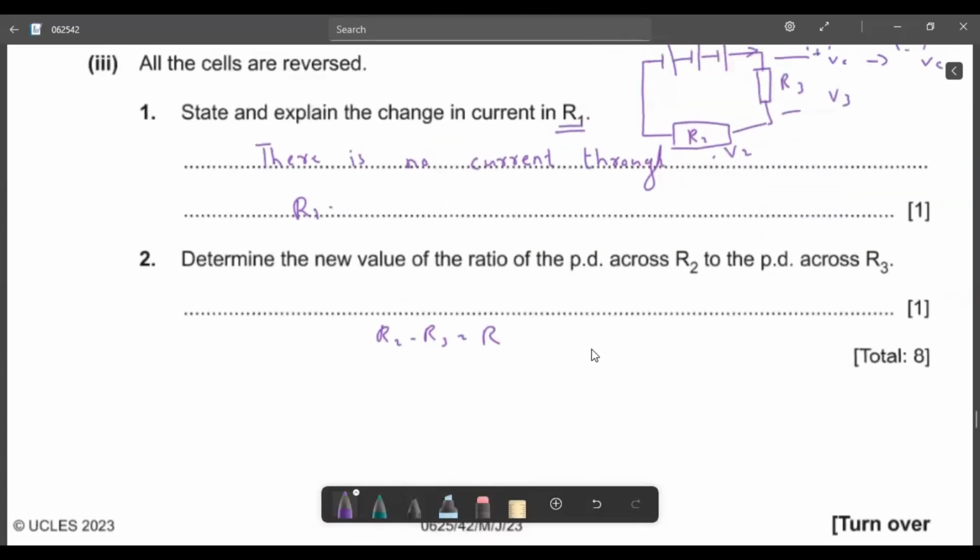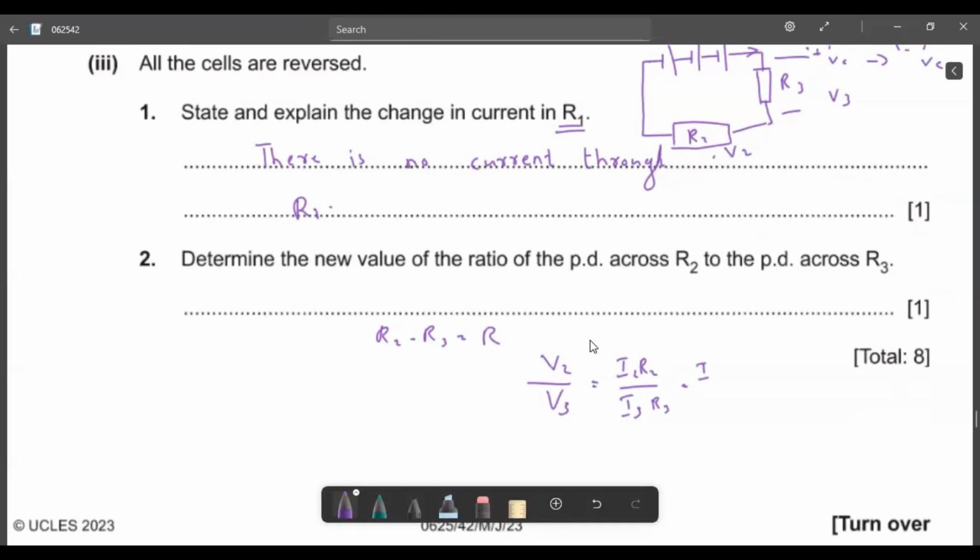R1 is not coming into the picture here. So V2 by V3, current is the same. V2 by V3 will be equal to I2 R2 by I3 R3. Both currents are the same.